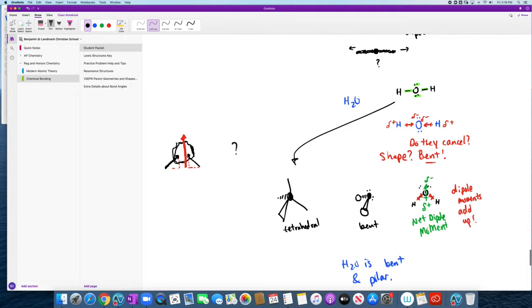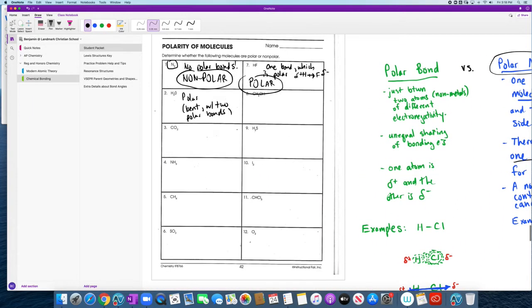On its side, these two dipole moments would sort of add up in this direction. So the water molecule is polar, a super important polar molecule, whereas carbon dioxide is nonpolar. It's linear, and the two polar bonds, or the two dipole moments, cancel.